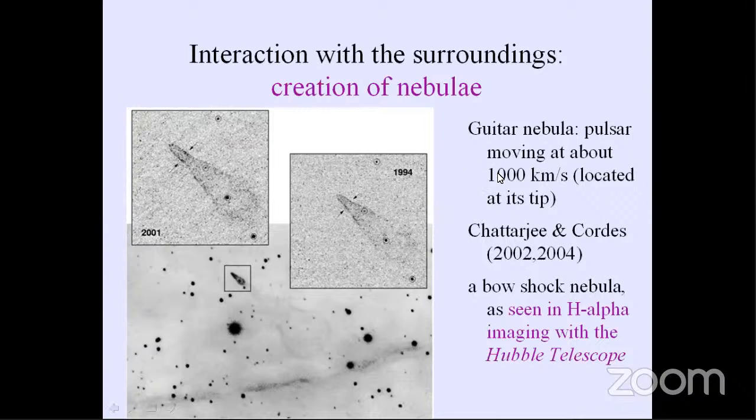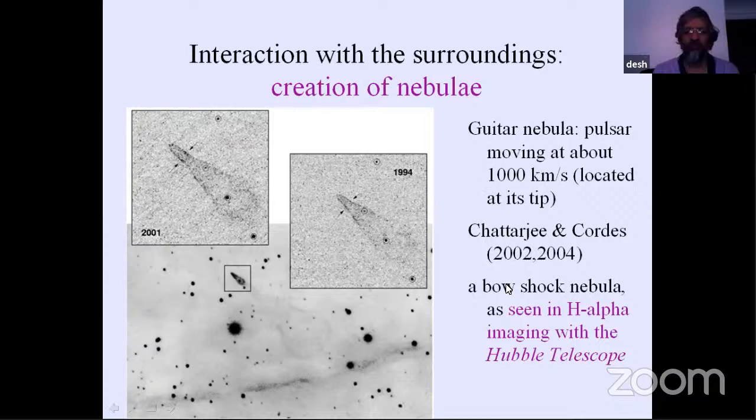As I said, when pulsars move through a medium where their moving speed is way larger than the local sound speed in that medium, you will see shocked regions and also the material coming out of it through the cones, which give you the particle flow, is also going to interact with the medium, and we can have beautiful nebulae produced around them.